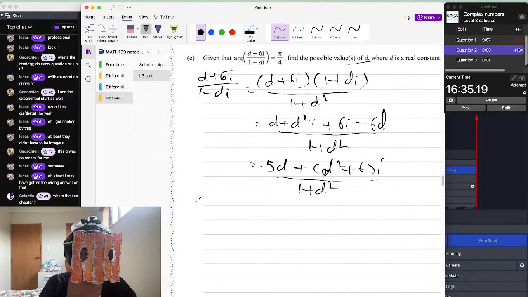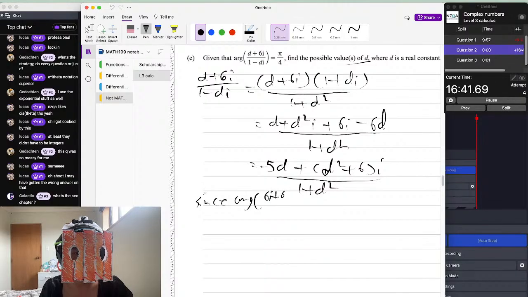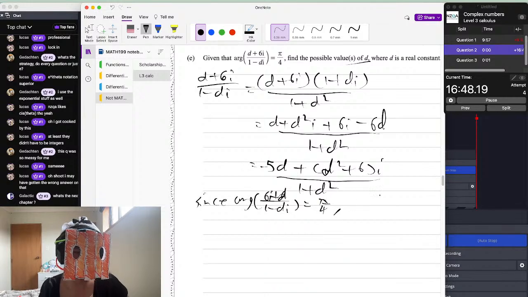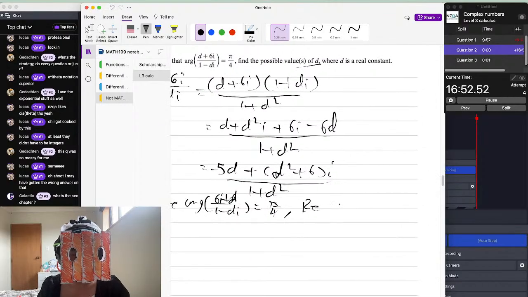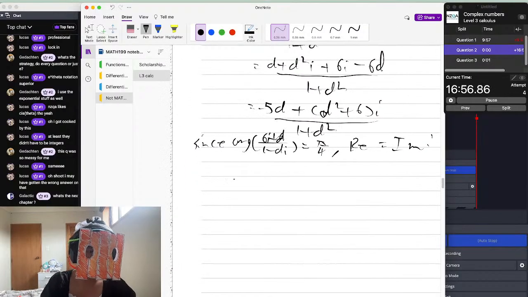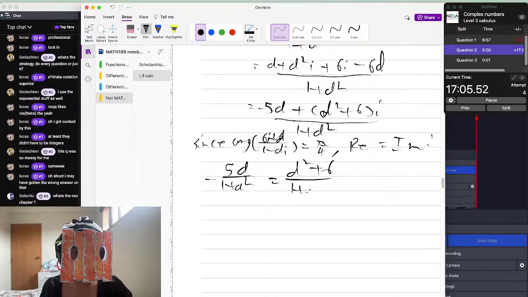And we know that, which means that it's gonna be 5 minus 5d over 1 plus d squared equal to d plus d squared plus 6 over 1 plus d squared.